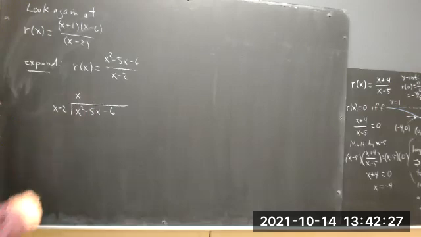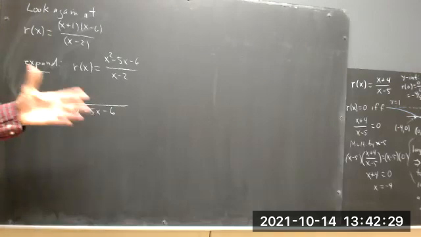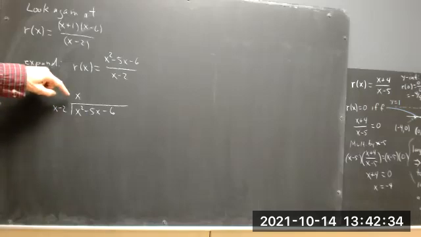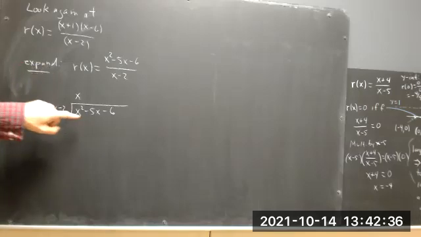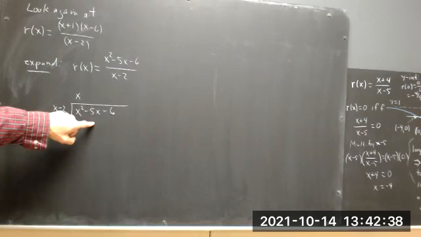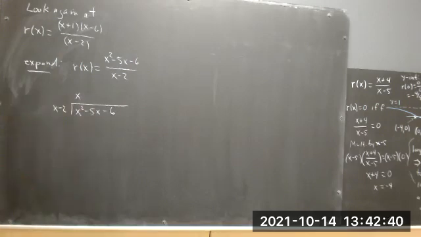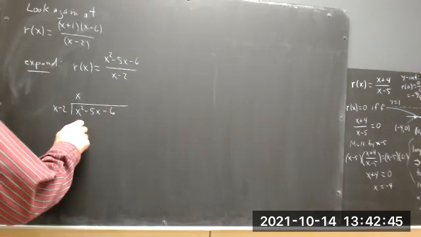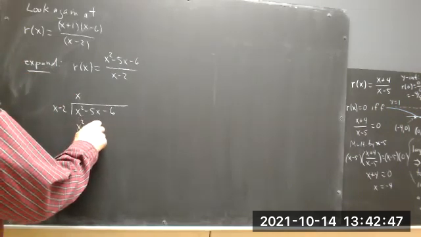Well, let's do long division, kind of like what you learned in fourth grade. This is your divisor. This is what you're dividing into. And this is the quotient. Multiply x by x minus 2. You get x squared minus 2x.